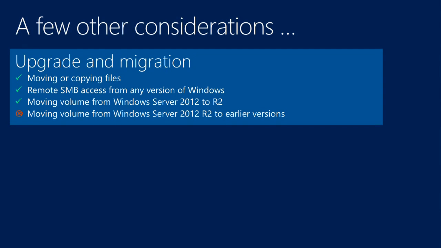You can access that file or a set of files in a volume over remote SMB from any version of Windows because we're, again, giving you back the full file in undeduplicated form. You can move a volume, like a physical volume, from Windows Server 2012 to R2. You can't go backwards. You can't move from R2 to 2012 or to any earlier version of Windows.